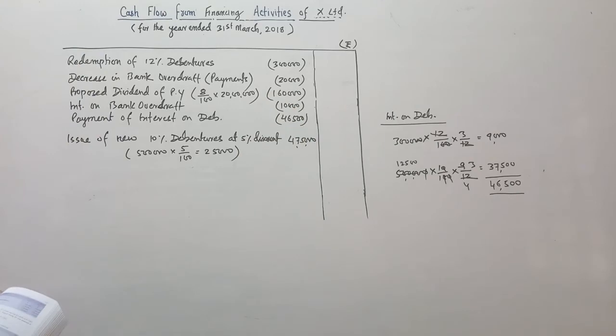These are the outflow. Is it clear? Is there any inflow of cash except 4,75,000? Any other inflow of cash?